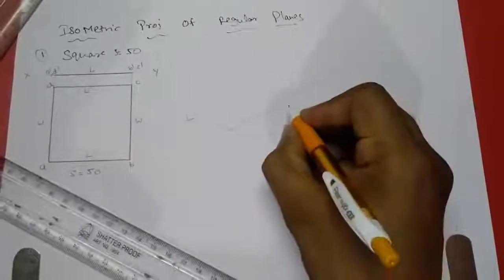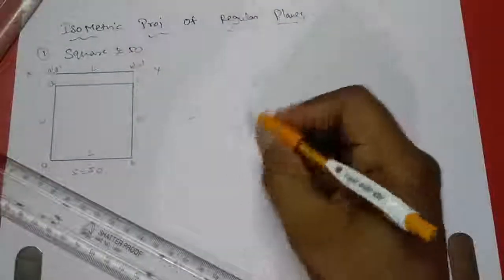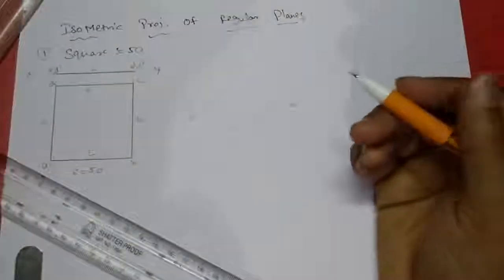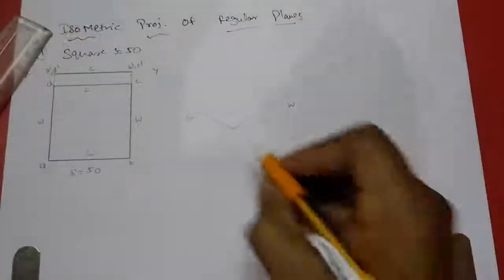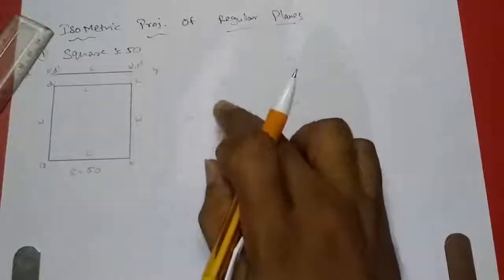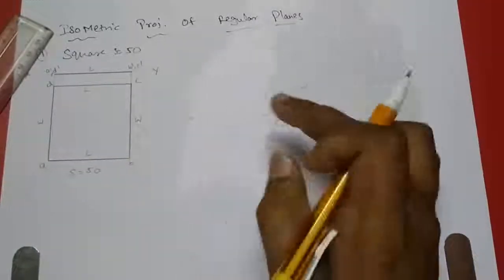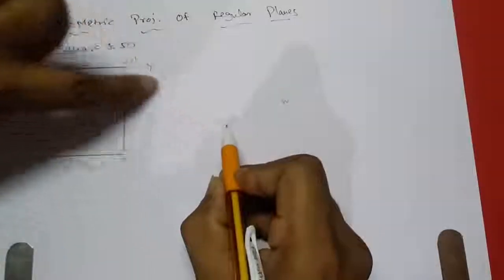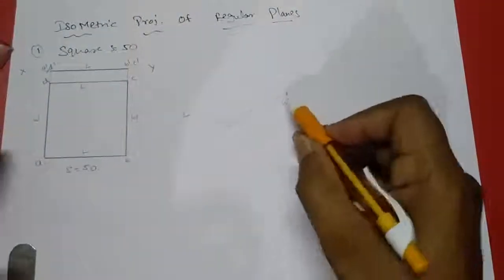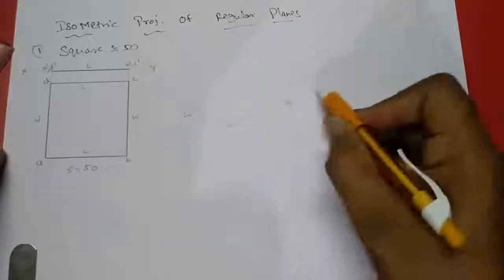This would be the length, this would be the width, and there is no height because the thickness of the plane is 0. So now we have to place this square in this position. Length falls on this line, and width falls on this line.